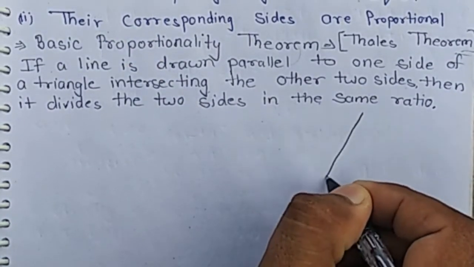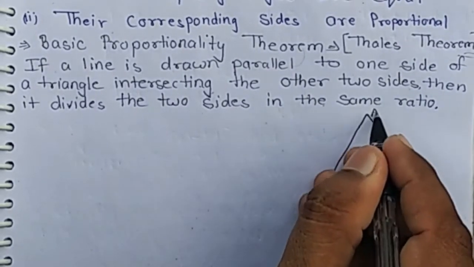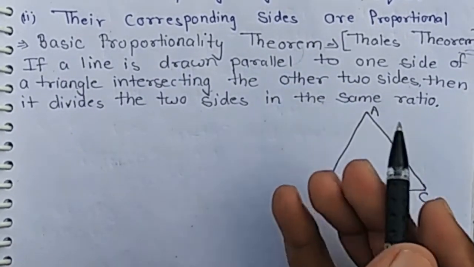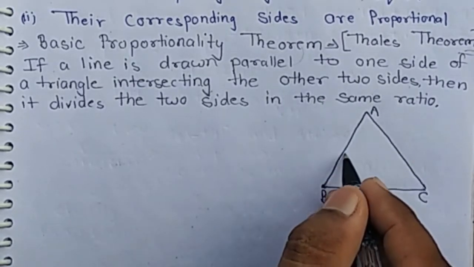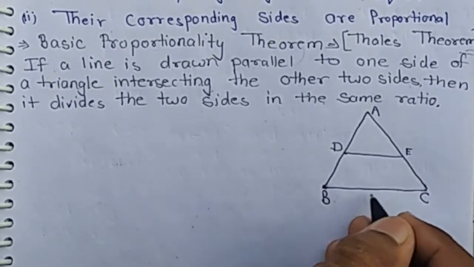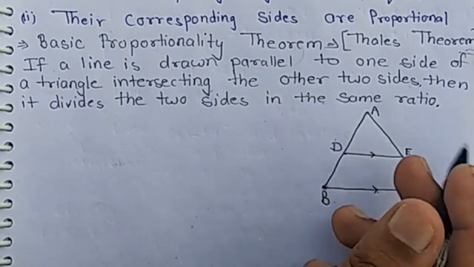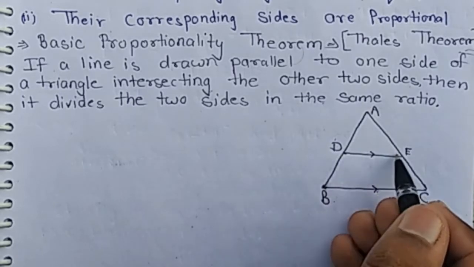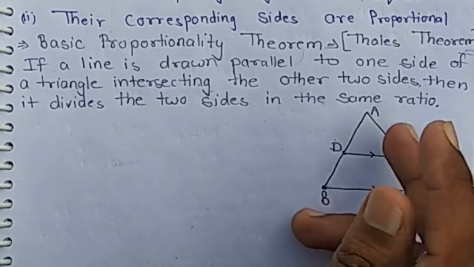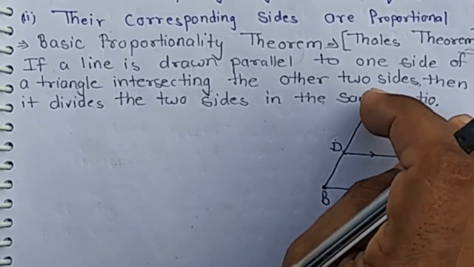if there is a triangle ABC, and according to the theorem, if a line is drawn parallel to one side of a triangle, suppose DE is drawn parallel to BC, intersecting the other two sides AB and AC at points D and E, then these points divide these lines in the same ratio, meaning AD by DB equals AE by EC.